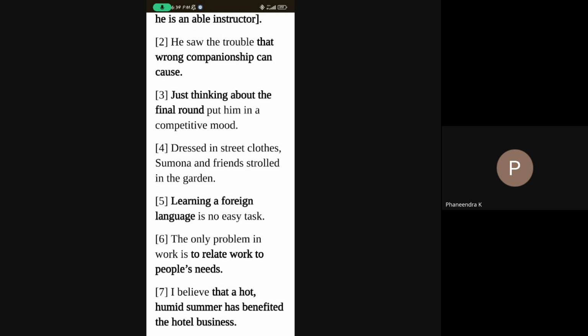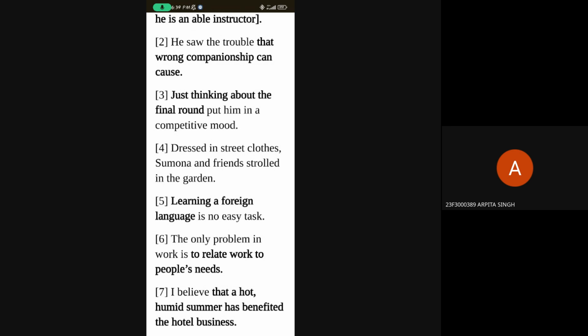Dressed in street clothes, Simona and friends strolled in the garden. I have not marked the subordinate clause here on purpose because I wanted you to figure it out. Dressed in street clothes, Simona and friends. That's your subordinate clause?